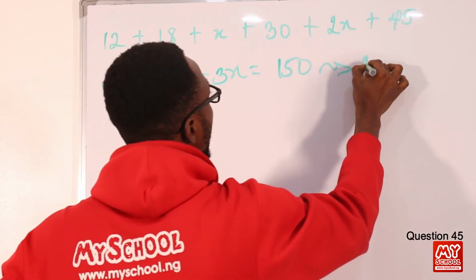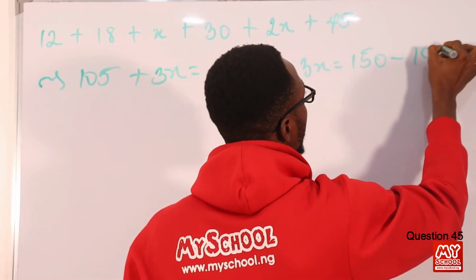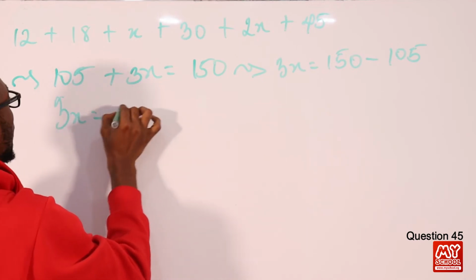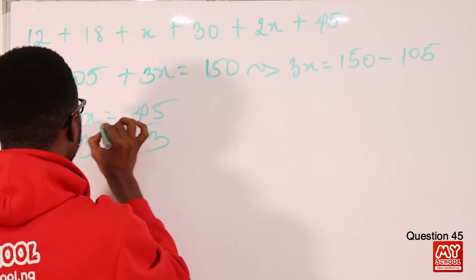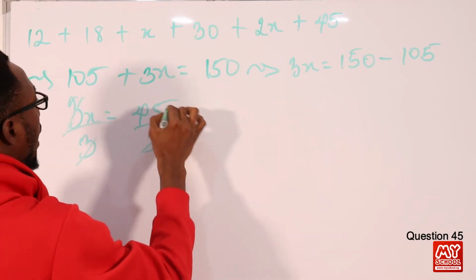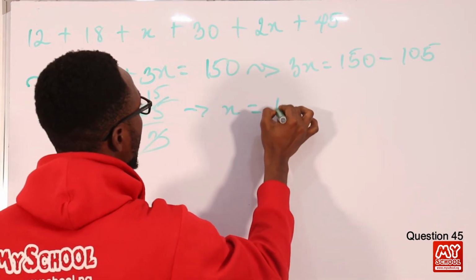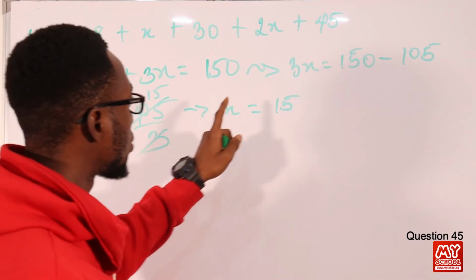So that means 3x equals 150 minus 105, and that is actually 45. So dividing both sides by 3, right? So that implies that x equals 15, okay? All right, so anywhere we see x, we replace it with 15.